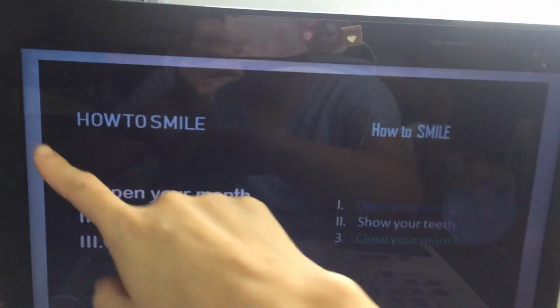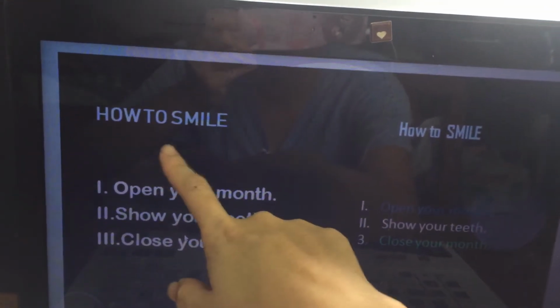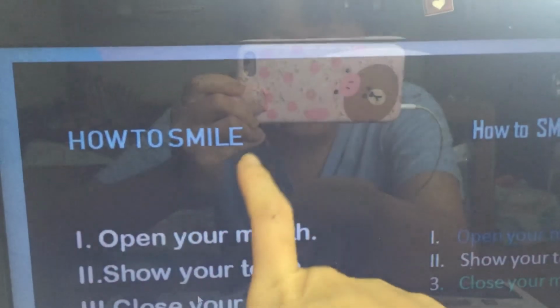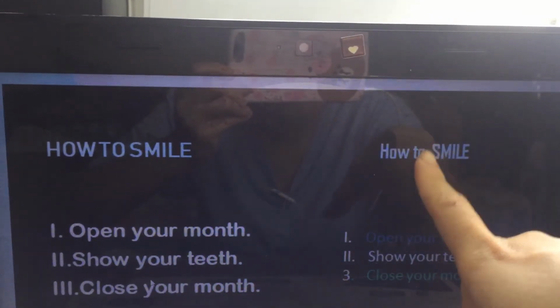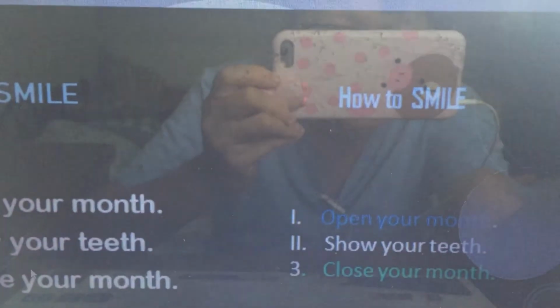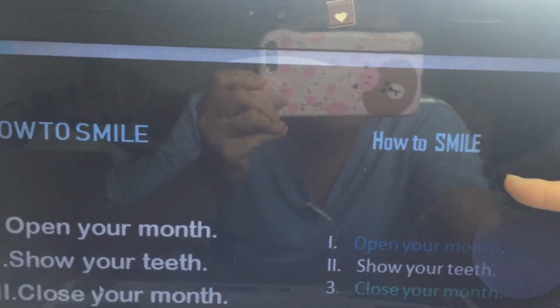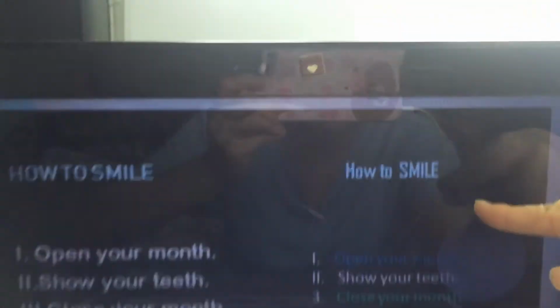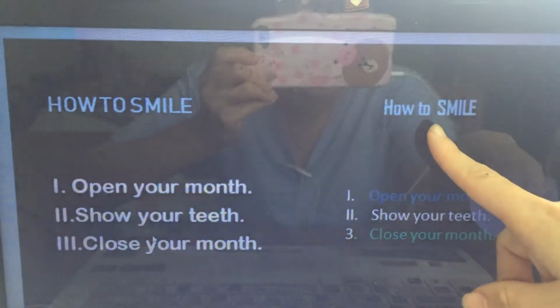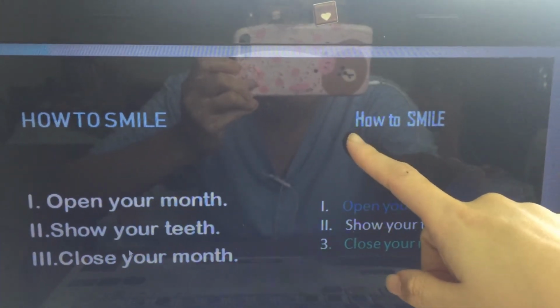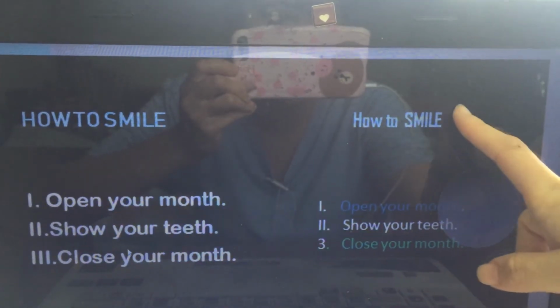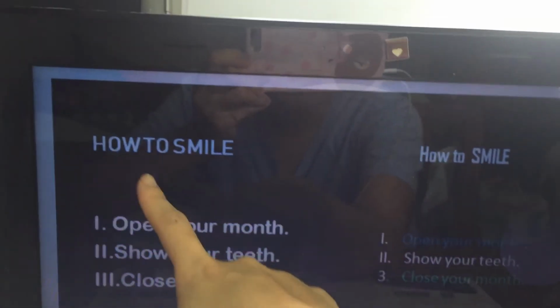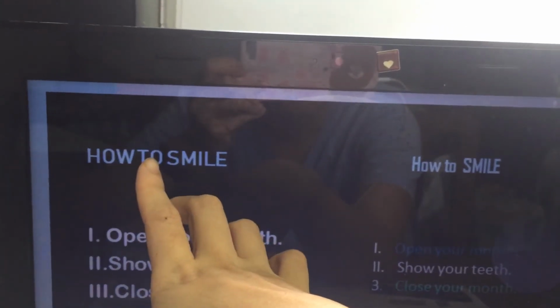The second thing is, let's compare the words. How to smile. This is nice, right? Because it's bold and easy to read. But this one, actually both of them are the same size, but this one is a bit unclear, right? Because we can see capital letter and this one is not capital letter and this one is capital letter, but this one is all capital letters, so consistent.